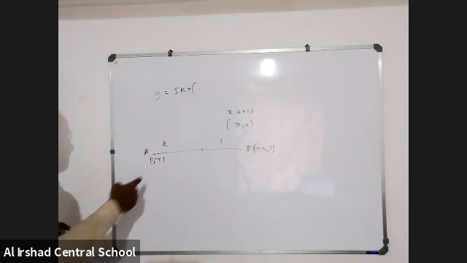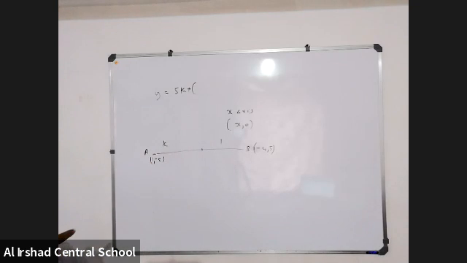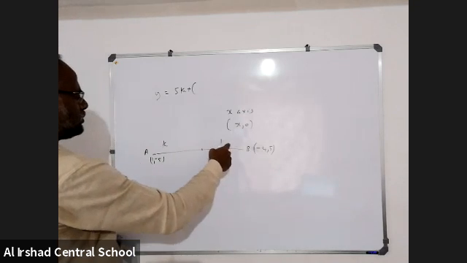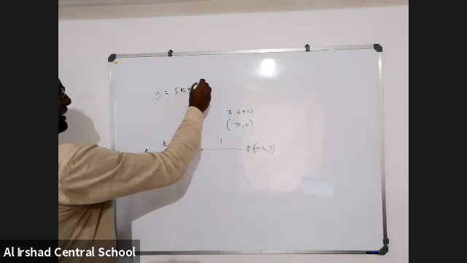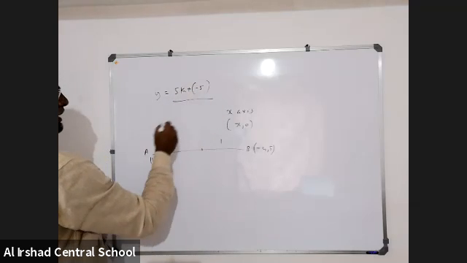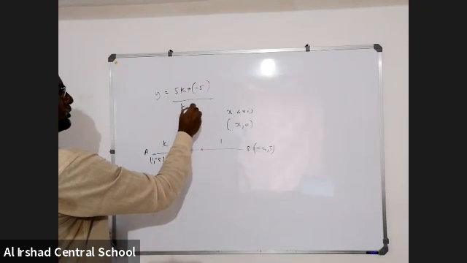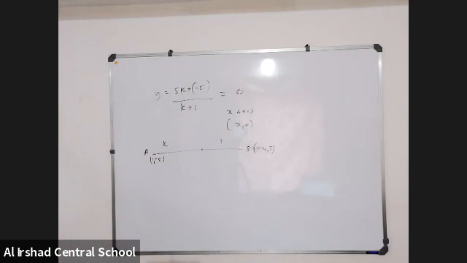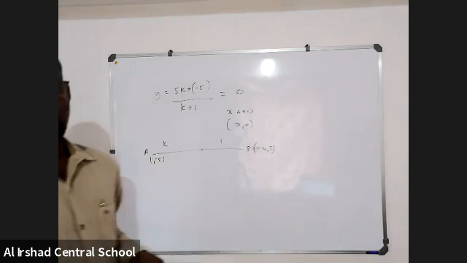Let the ratio be K is to 1. That means y coordinate I can define as K into 5 plus 1 into minus 5, divided by K plus 1. What is that? It is 0, because y coordinate is 0.